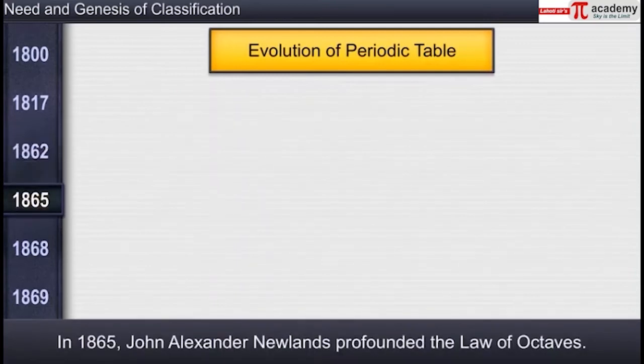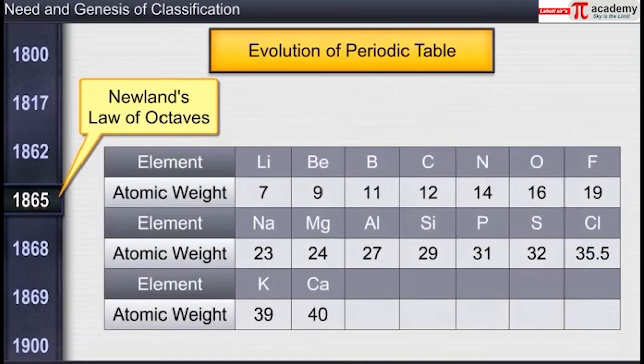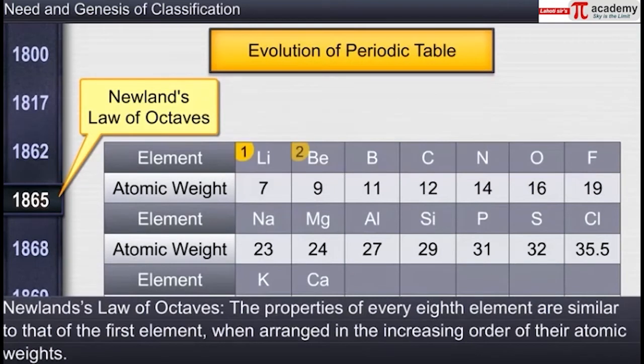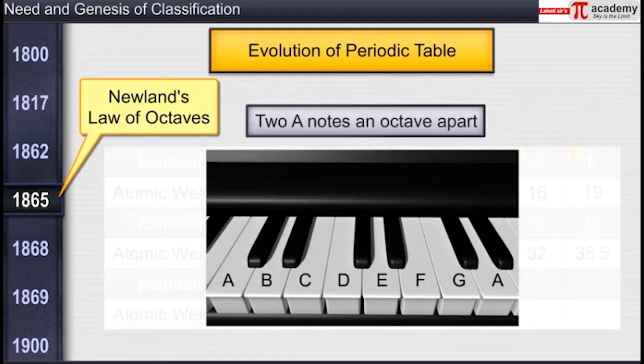In 1865, an English chemist, John Alexander Newlands, propounded the law of octaves. According to the law of octaves, when elements are arranged in the increasing order of their atomic weights, the properties of every eighth element are similar to that of the first element. This trend resembled the octaves in music, wherein every eighth note is similar to the first note.